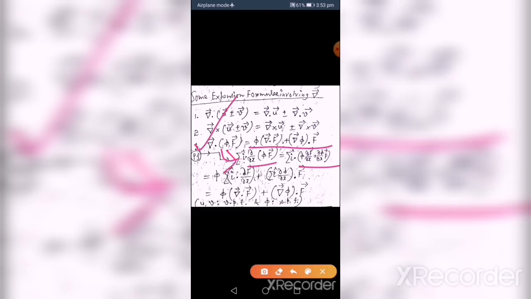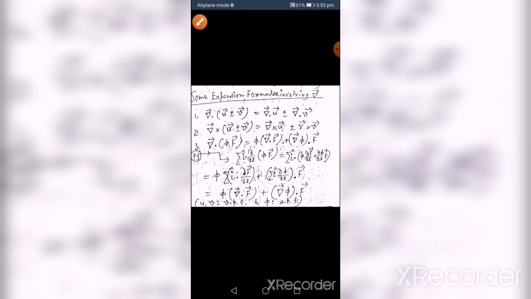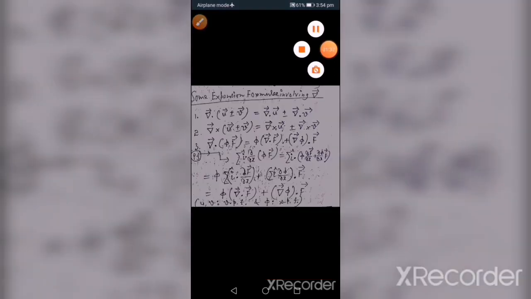Then write these terms in two different summation symbols, like phi summation i dot del F del x plus summation i del phi del x dot F. The first term becomes phi del dot F and the second term becomes del phi dot F. So we have proved del dot phi F equals phi del dot F plus del phi dot F.